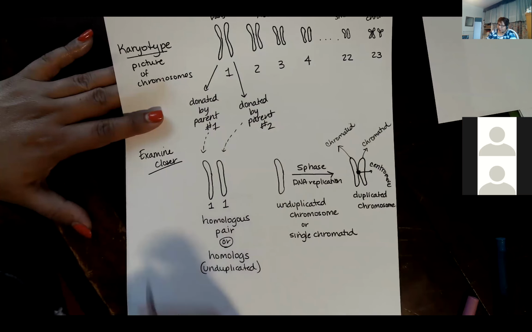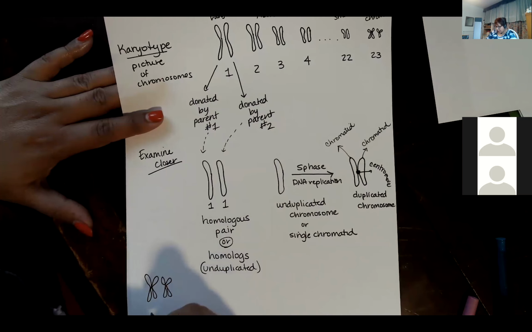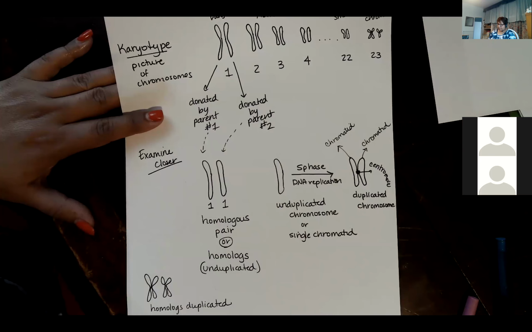If we take those same homologs and we draw them like puffy letter X's, those can be homologs that are duplicated. So a lot of vocabulary words here, words that we're going to use when we're drawing out our stages of mitosis or meiosis.